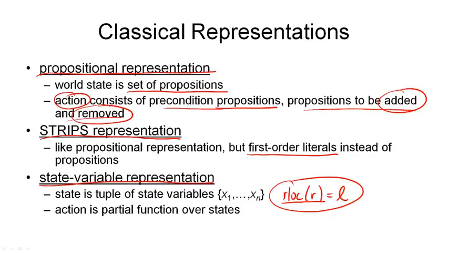So what you need to remember here is that there are different flavors of the classical representation. There's not just the STRIPS representation we've looked at. There's also these other two. But, and this is the important point, these representations can be translated into each other. So essentially they're all equivalent in terms of expressiveness. There's nothing that you can say in one of these three representations that you can't say in the other.